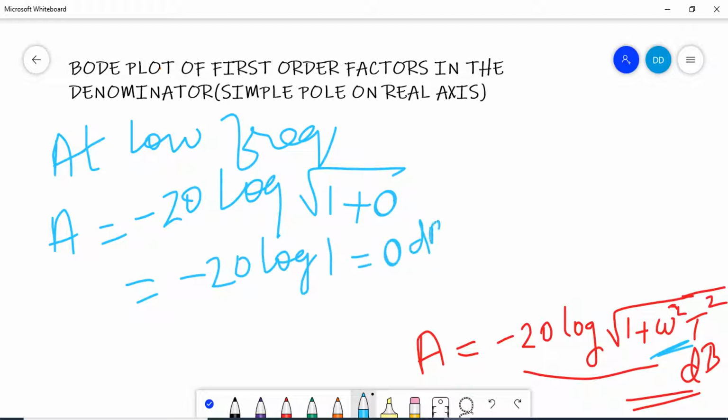So this is a straight line. It is seen that the log magnitude curve at low frequencies is the constant 0 decibel line. Thus, the contribution by such a factor can be completely neglected in the low frequency range as it is very small. Now we will see what happens in the high frequency region.